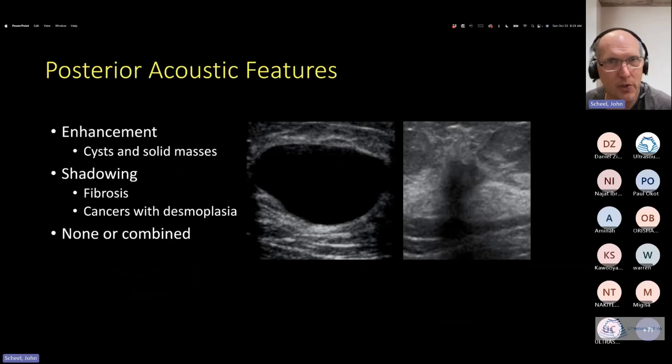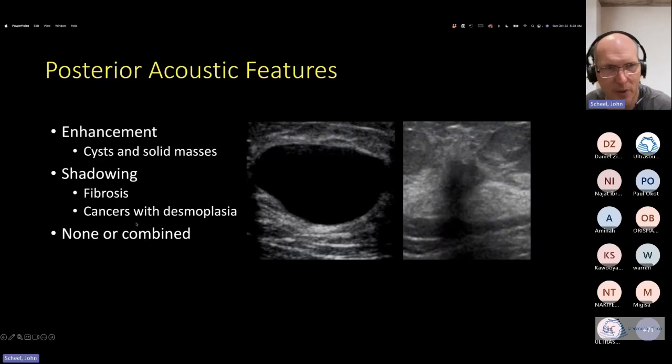Finally, posterior acoustic features. You have enhancement for cysts and solid masses. This is a cyst, so not necessarily helpful. In some cases, if you see something that's completely anechoic and you see the enhancement, you can be confident it's a cyst and just call it a cyst. If you see shadowing, that denotes a level of suspicion.